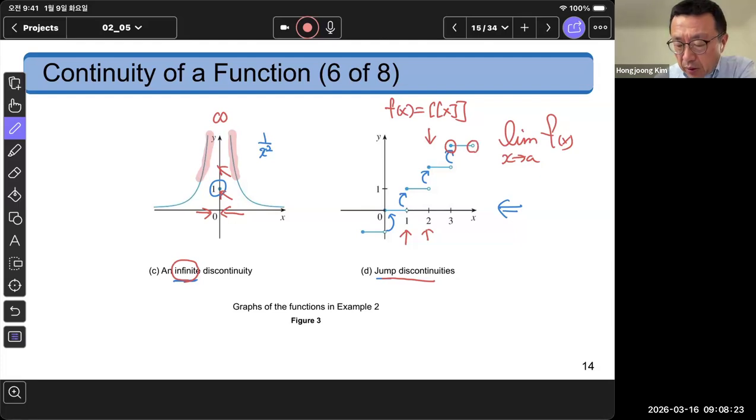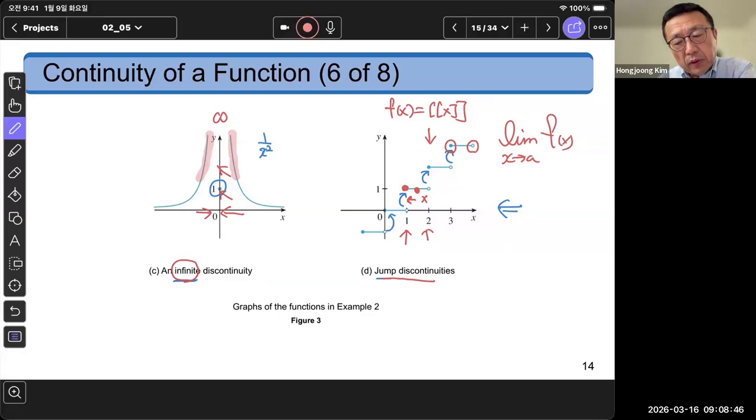In other words, if you consider any x here, and you let this x approach 1 from the right, the function value approaches the value 1, and that is the same as the function value at 1.